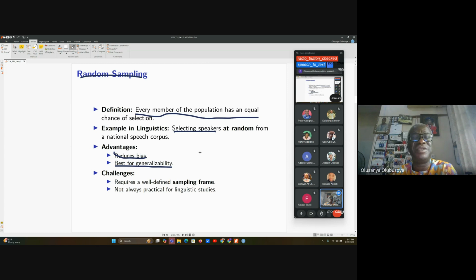It is wrong. The only basis for you to generalize is if the selection process is done in a random manner.